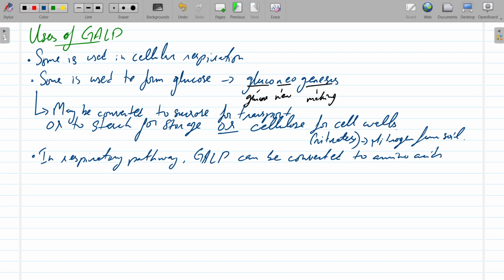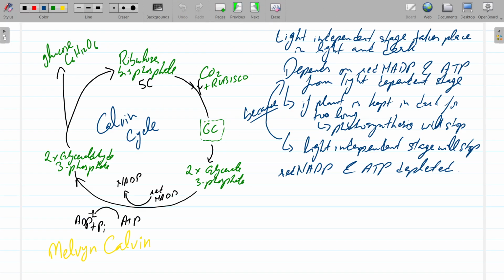And then, as I said, if we go back, at this point between the GALP and going back to ribulose bisphosphate, there are certain other intermediates.